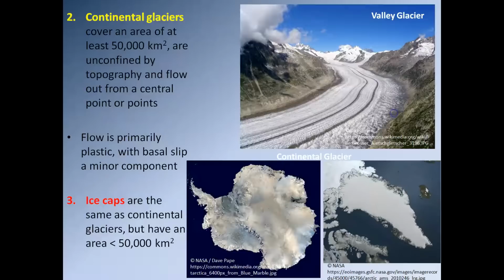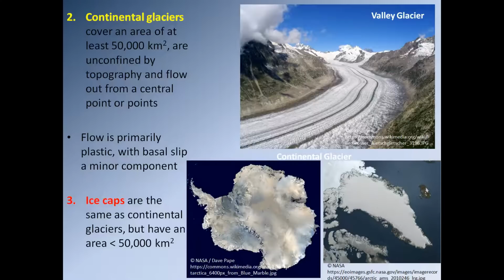Now, the other two types of glacier are continental glaciers and ice caps. So in the case of continental glaciers, they will cover an area of at least 50,000 square kilometers, and they're unconfined by topography. They go wherever they want. So a continental glacier will obviously start flowing out from a central point.